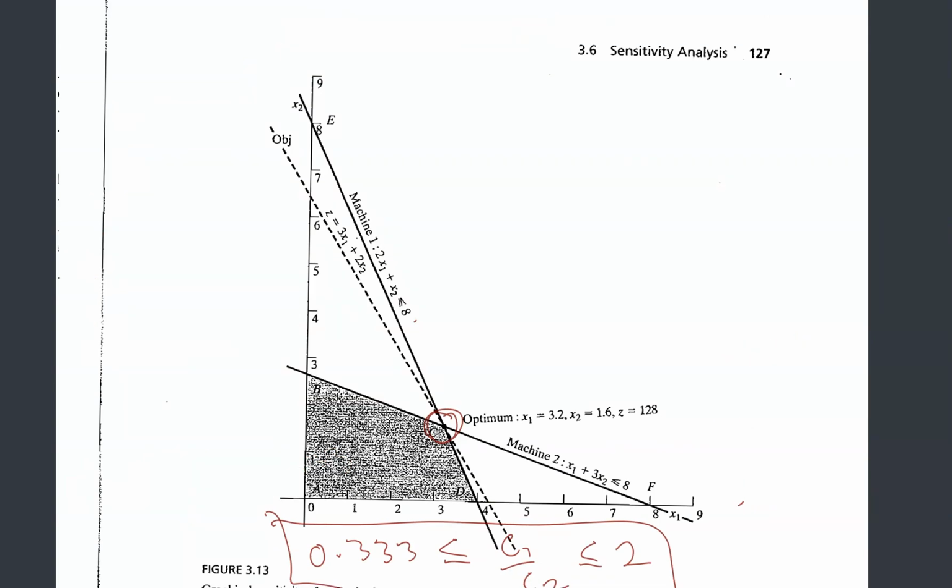Now suppose that z is changed to this new z. The coefficients are changed.